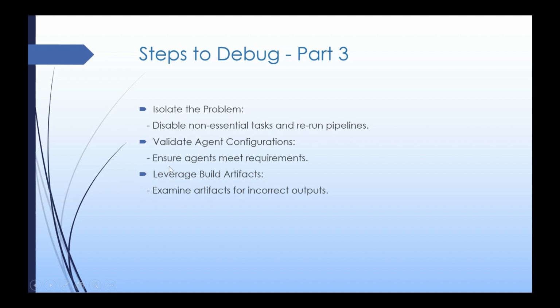Okay, next is validate agent configurations. Make sure your agent is meeting the requirements. If you have a self-hosted agent pool, you can install all the tools whatever you need.